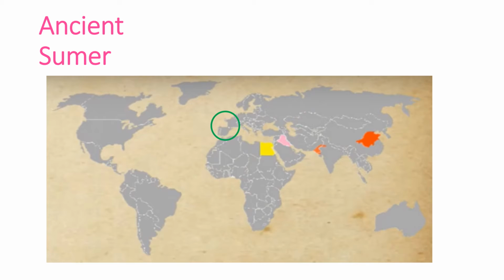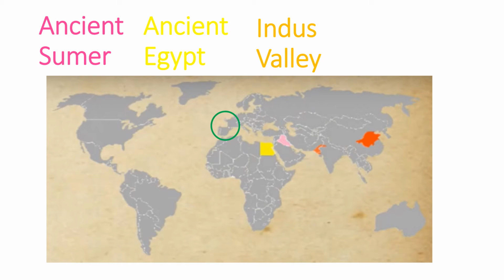The next civilization, which is the yellow one, is ancient Egypt. This civilization is important to us today. It created one of the first types of paper. We're going to learn a lot more about ancient Egypt in the coming weeks. The orange one, which is the smaller country of the two, they both look quite similar on there, is Indus Valley.